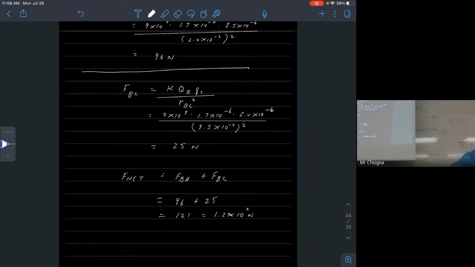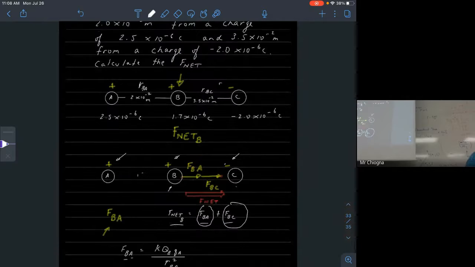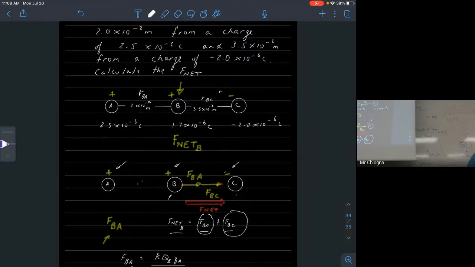Okay. Now this is a part B. And all I'm going to do is change one thing in the diagram. Let me just circle this.